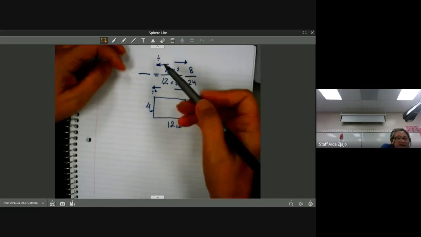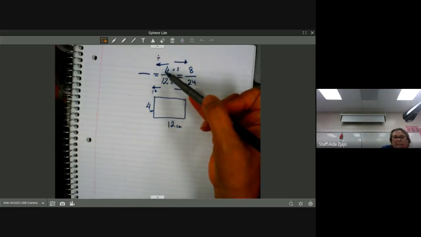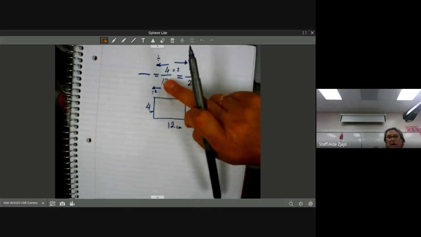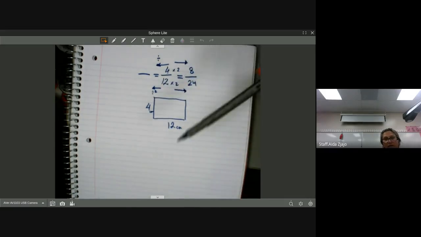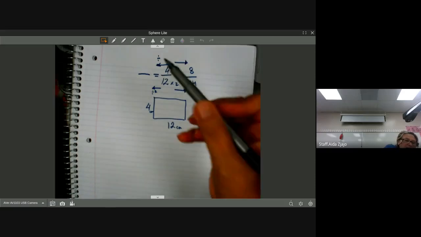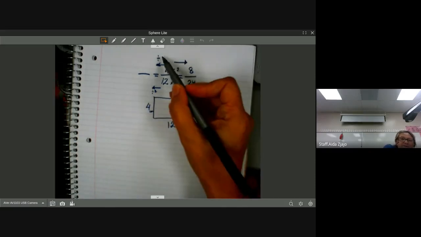I cannot divide 4 by 3, but I can do 12. So if I divide by 3, I won't get the same. What can I do? Can I divide by 2?